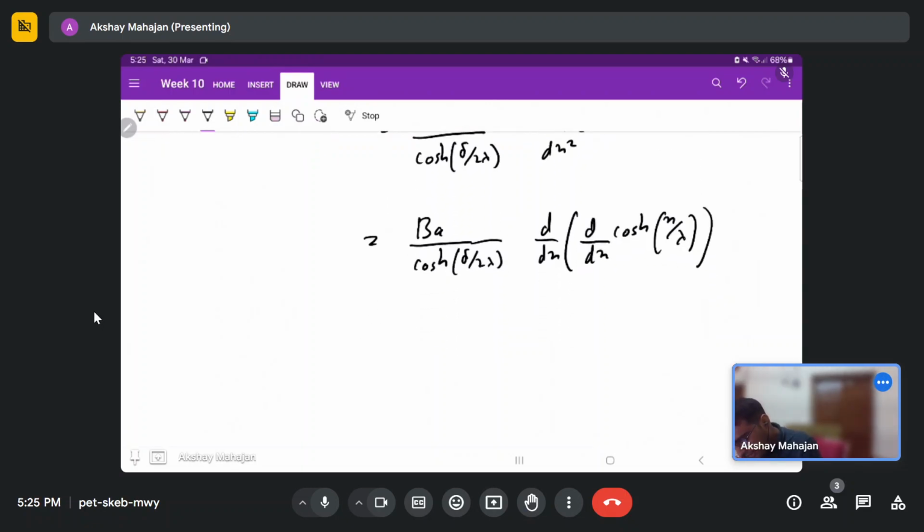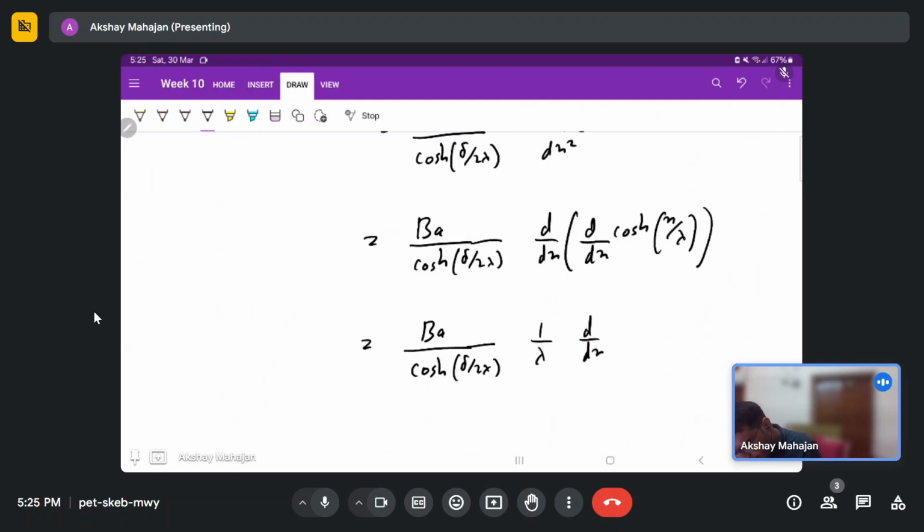Okay, so as we already know, the differentiation of cosh will be sinh. We have a constant, and then we have to take the differentiation of x/λ, which will give us 1/λ. So 1/λ will be a constant.